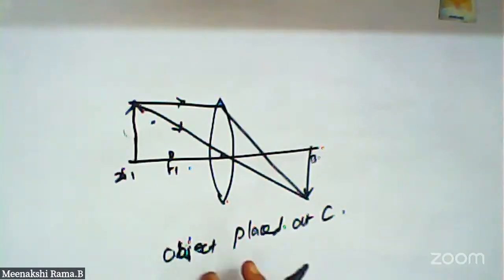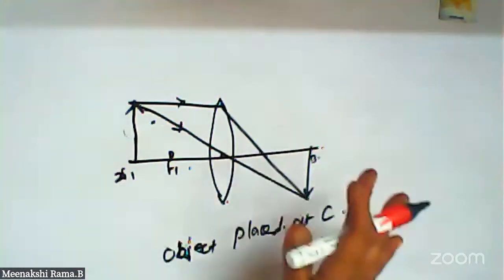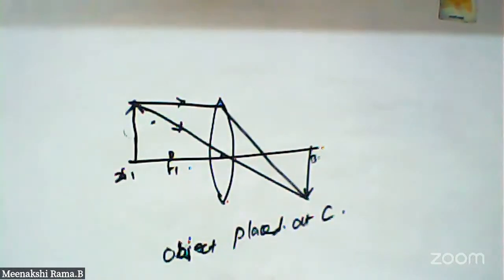So in this manner, just go and practice each and every position of the object: when we keep it between F and C, and then at the principal focus F, and between F and the optical center O. Different kinds of images are found like this. So practice the diagram as well as the theory.